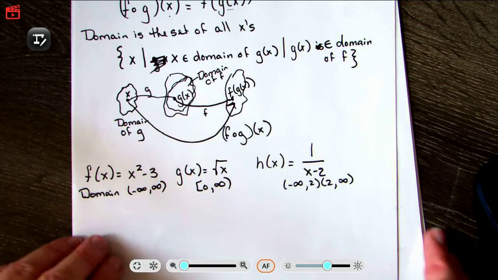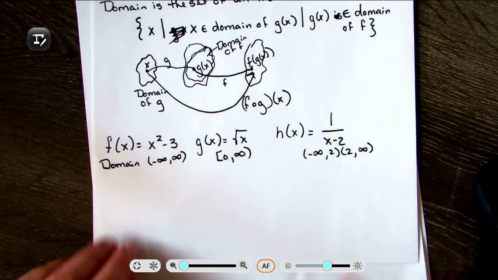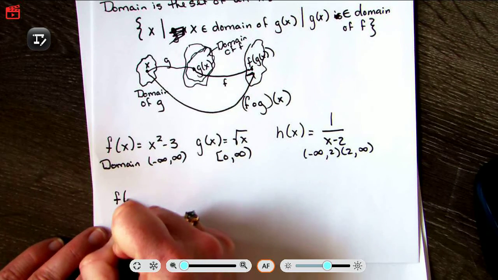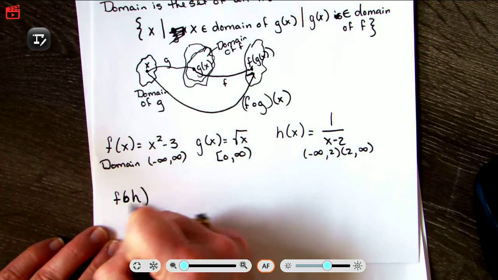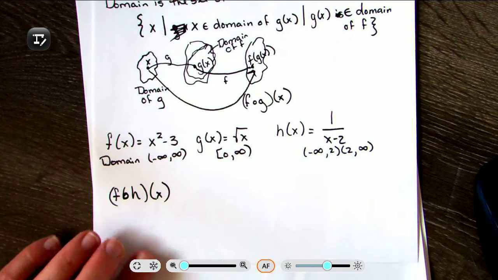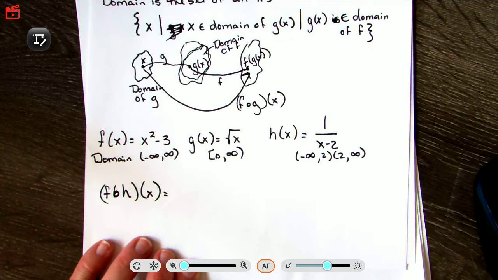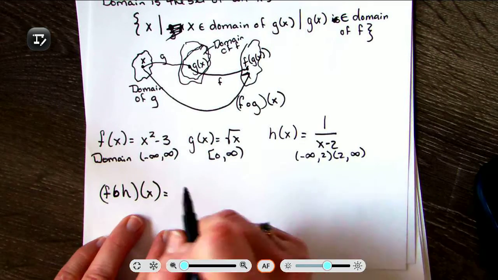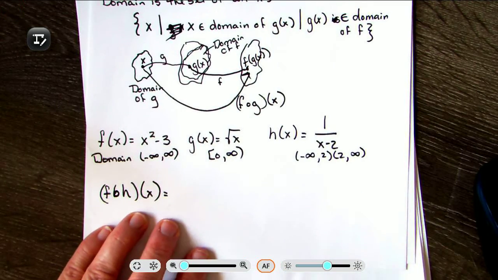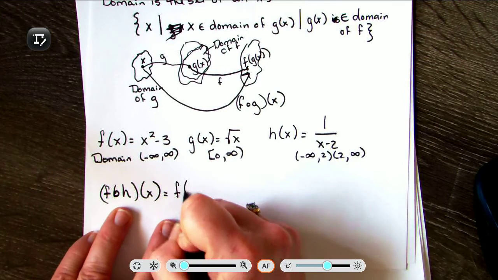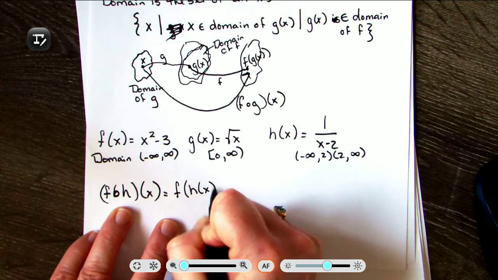Now let's do some composing. Let's see what f of, let's use h, looks like. I'm going to write this out longhand a couple of times, going through all the steps, and then I'll probably start skipping a little bit. So this means we're going to do f of h of x.